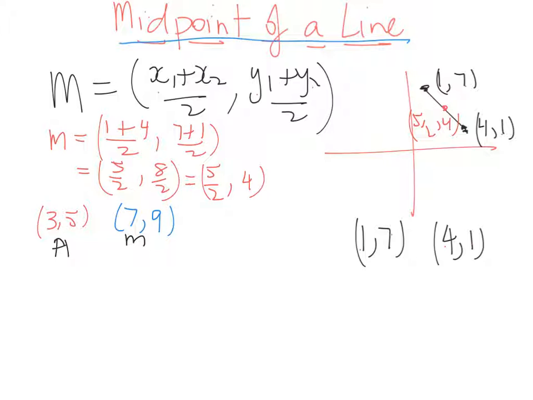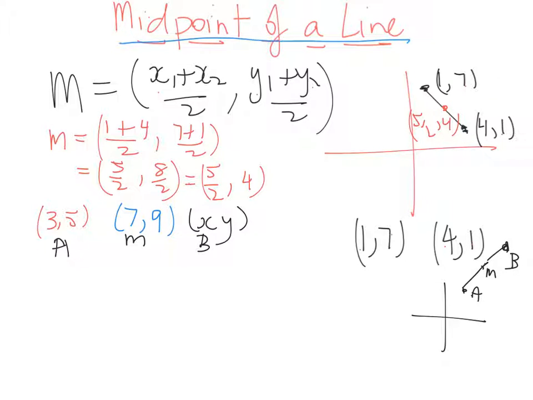And they want you to find point B. They want you to find the other point. So let's just draw that, get an idea of what's going on. We're at 3 and 5, then we're at 7 and 9, so it's something like that. That's the midpoint. We've got A here, M, B. That's what they want us to find.